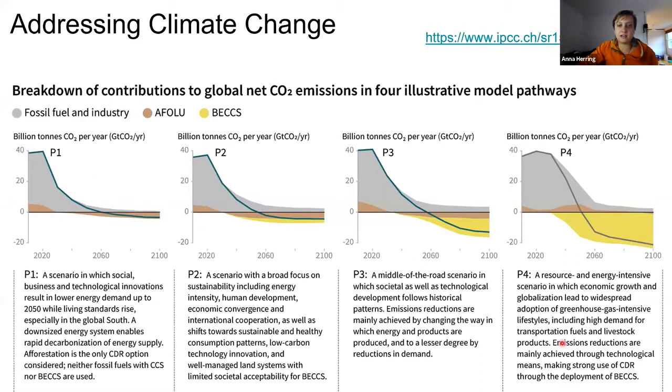On the other hand, if global emissions peak a bit later and then also don't drop as fast, we're going to need to implement much more significant levels of negative emissions technologies. And we can no longer rely just on land use change. We need to start deploying more advanced engineering-based technologies, and that's what's indicated in that yellow color.